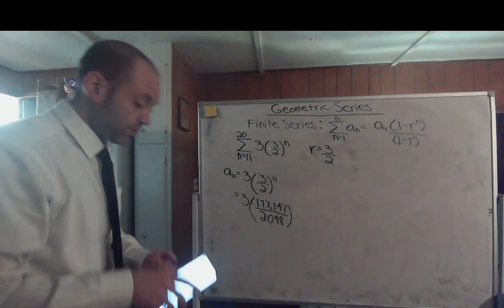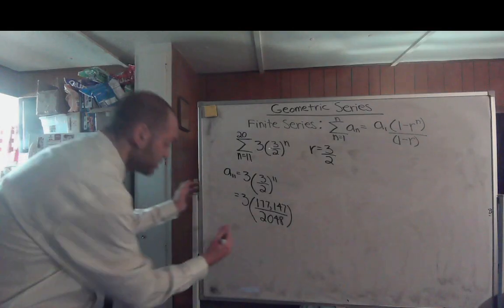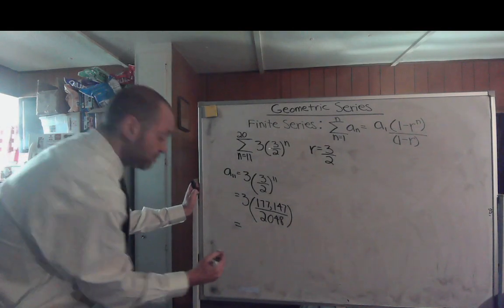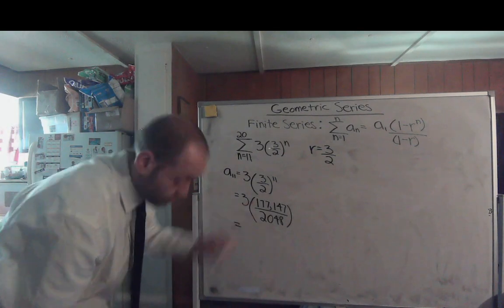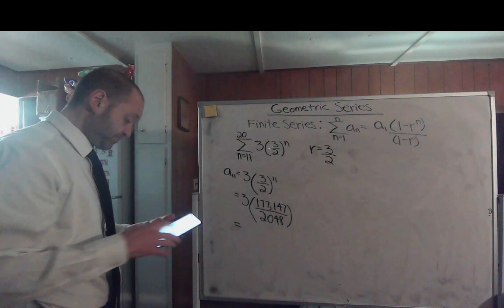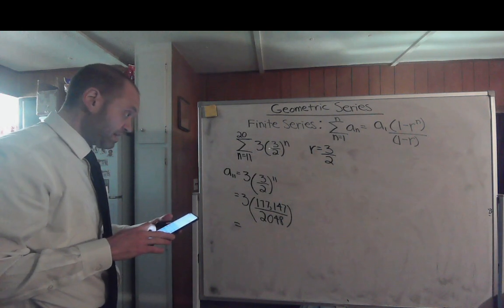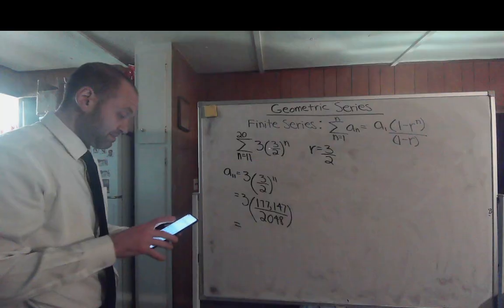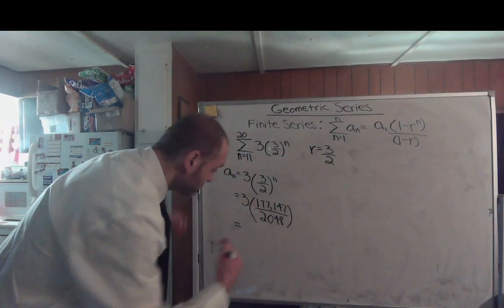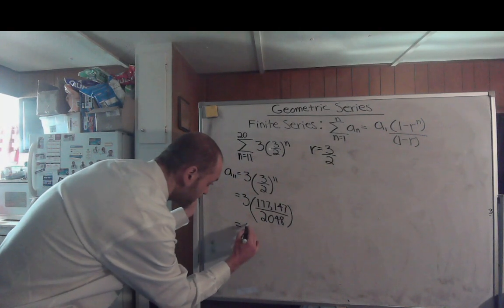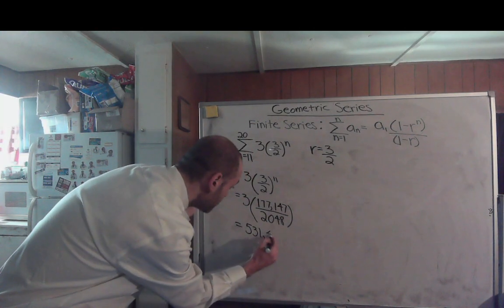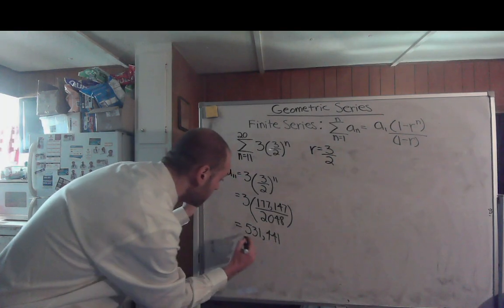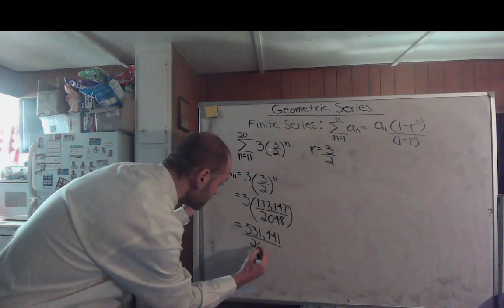So we're in for a really fun answer here. So a sub 11 is going to be this numerator times 3. So 177,147 times 3, that's going to be 531,441 all over 2,048.